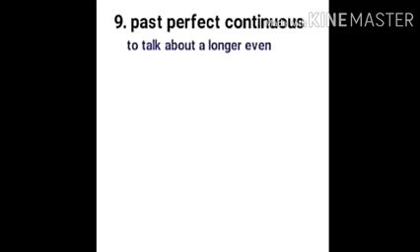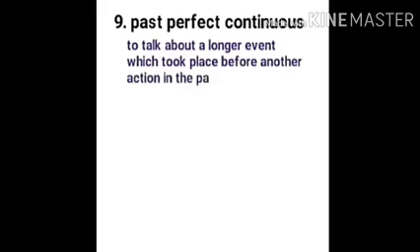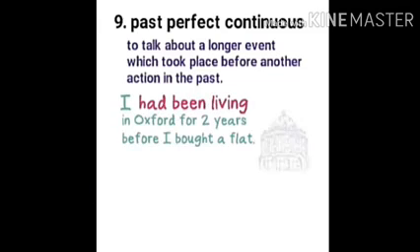So let's move on to the past perfect continuous. So we use the past perfect continuous to talk about a longer event which took place before another action in the past. So here we have I had been living in Oxford for 2 years, so that's over a period of time, before I bought a flat.